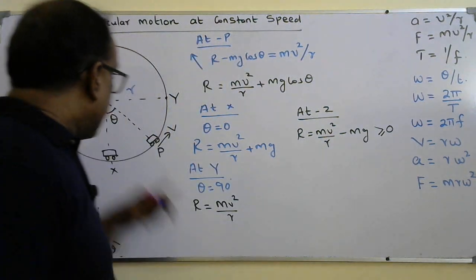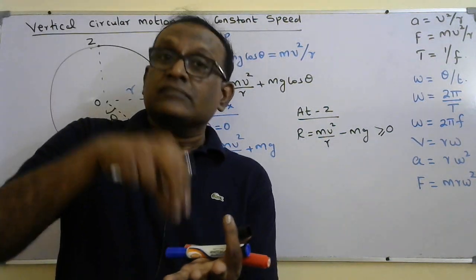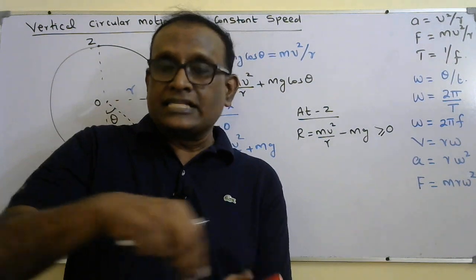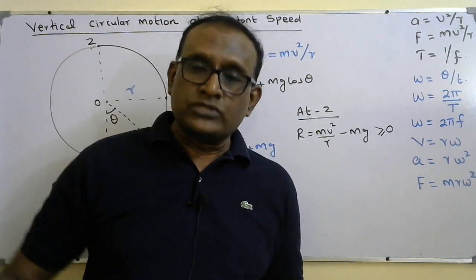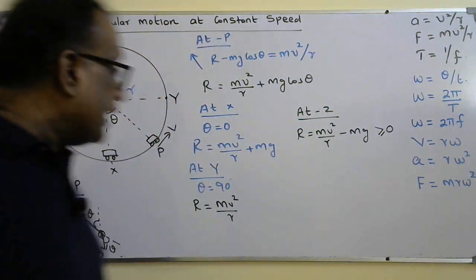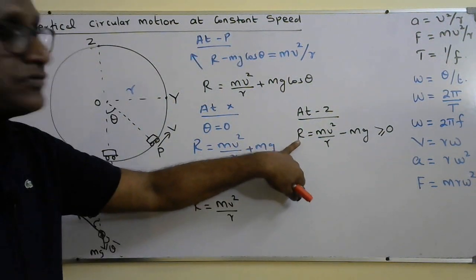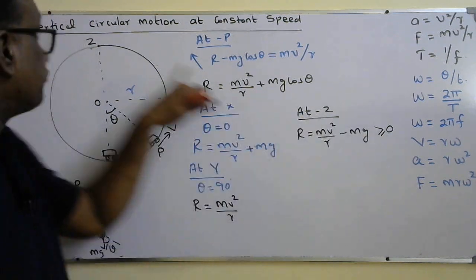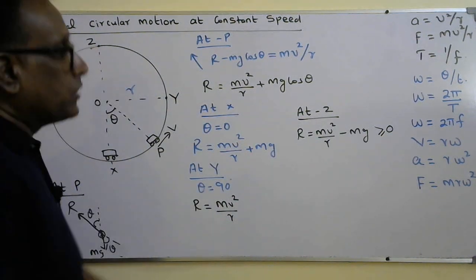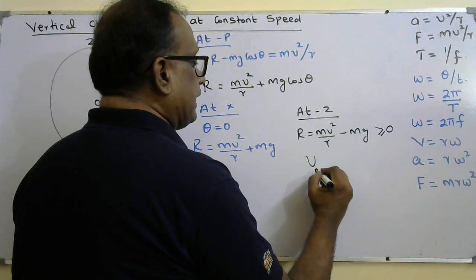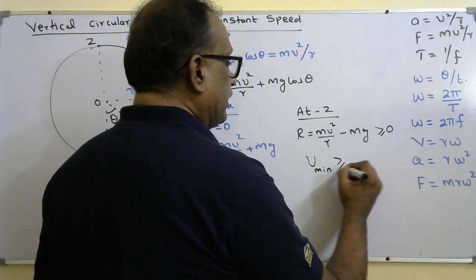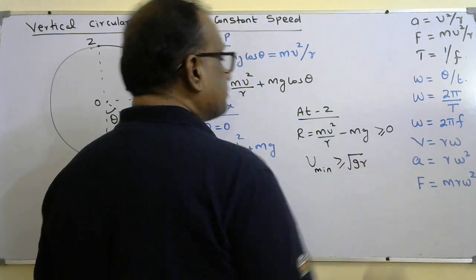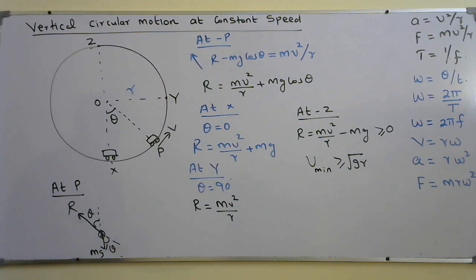If there is no clip or anything with the vertical track, and the wheel is allowed to move freely at constant speed using a battery or whatever it is, then it has to satisfy this condition, otherwise it will fall down at the highest point. So the minimum speed it has to maintain throughout the motion should be greater than or equal to the square root of gr. Okay, so this type of question can also come.